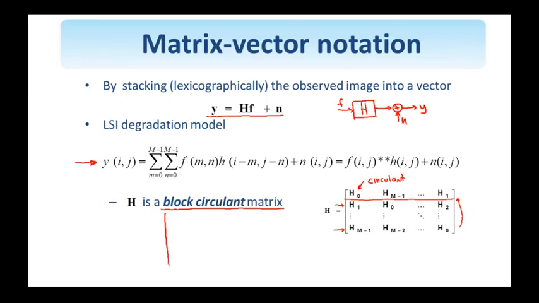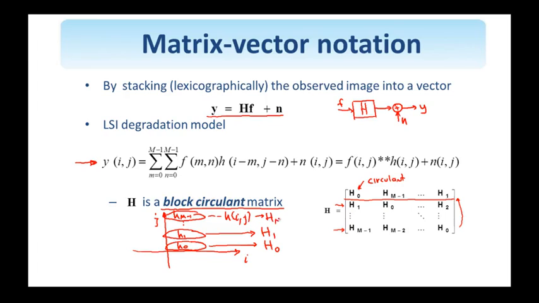As a matter of fact, if, let's say for simplicity, h here has a first quadrant support, and this is the 0th row, this is the first row of the impulse response, this is the m-1 row, then the 0th row will be used to form the submatrix H0, the first row the submatrix H1, and all the way to the submatrix Hm-1.